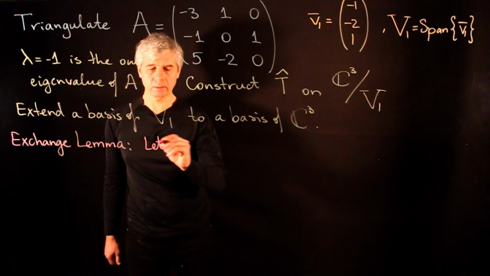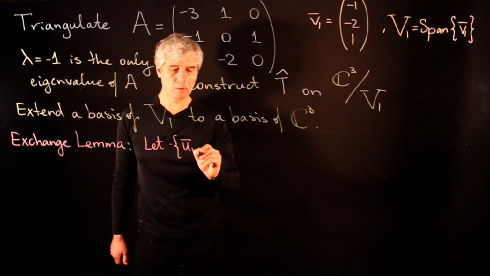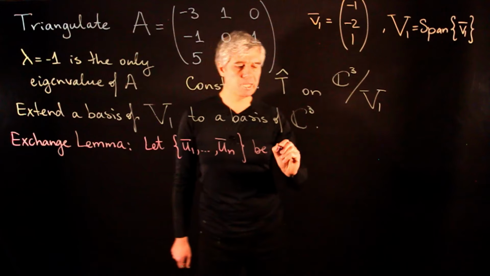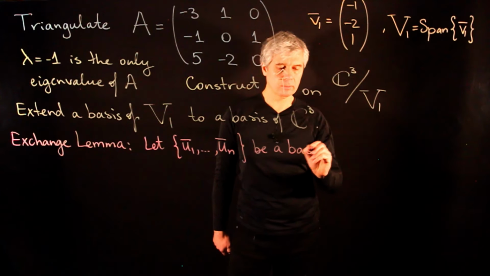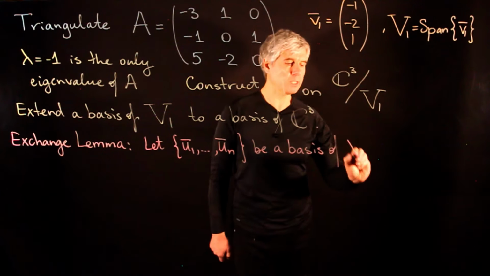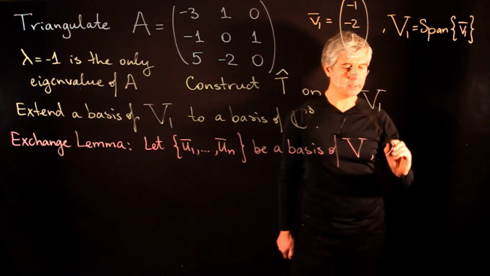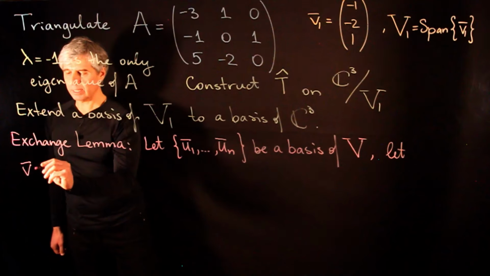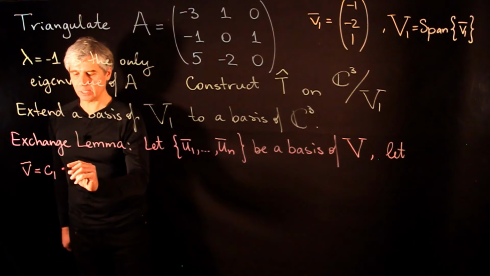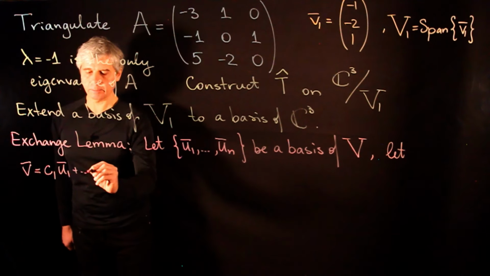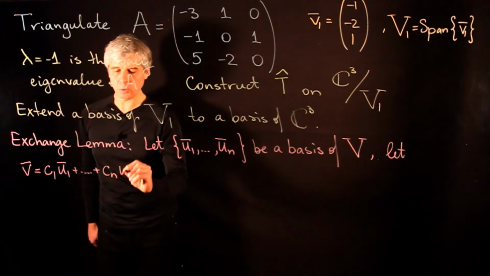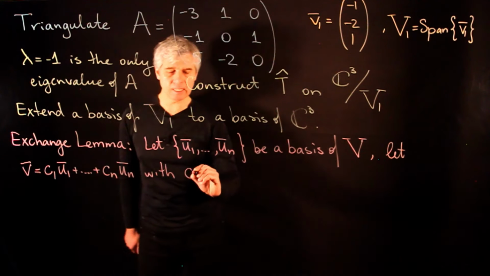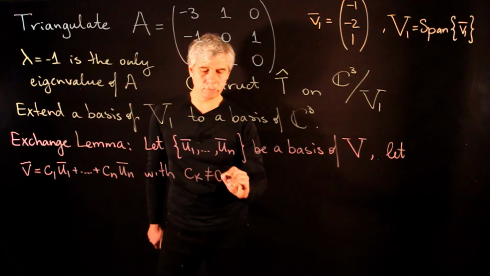Let U1 through Un be a basis of some vector space V, and let vector v be a linear combination of the basis vectors, c1 U1 plus up to cn Un, with coefficient ck not equal to 0.